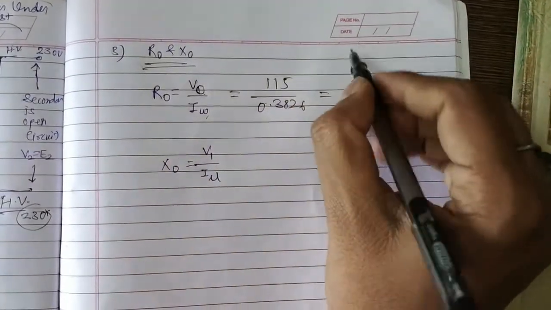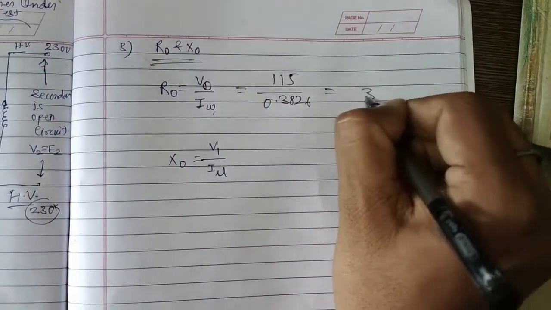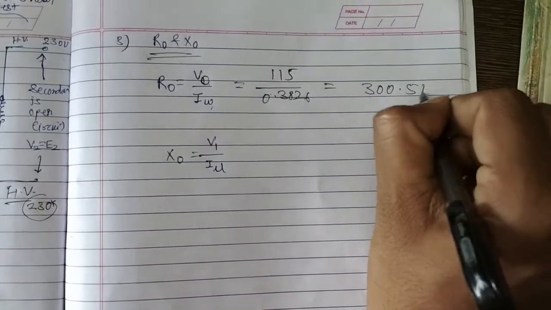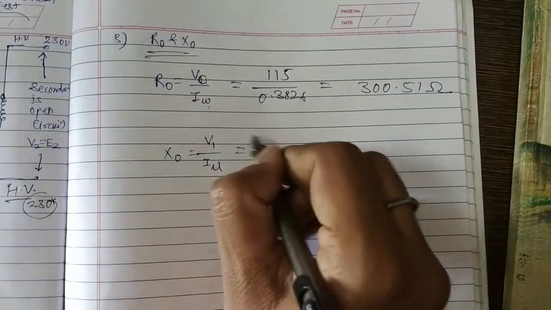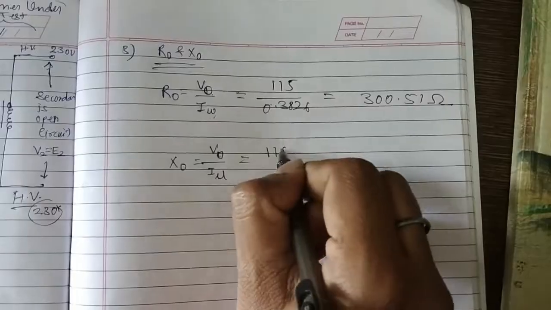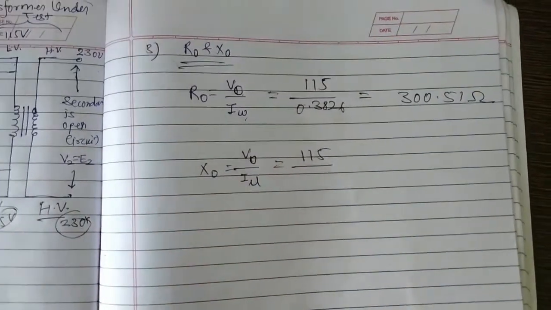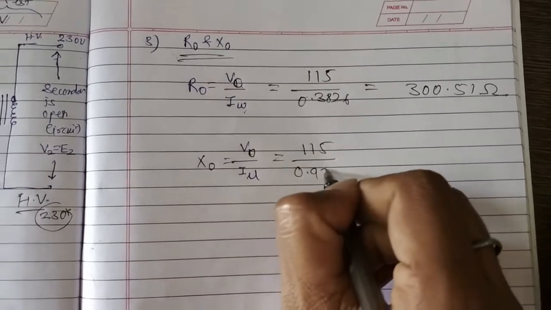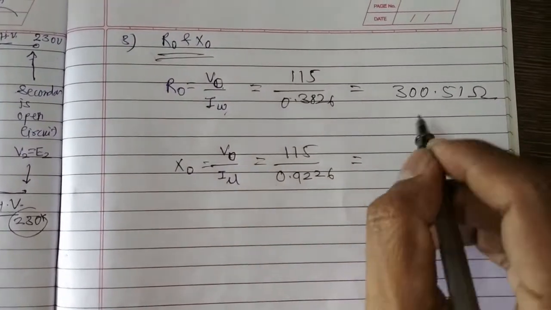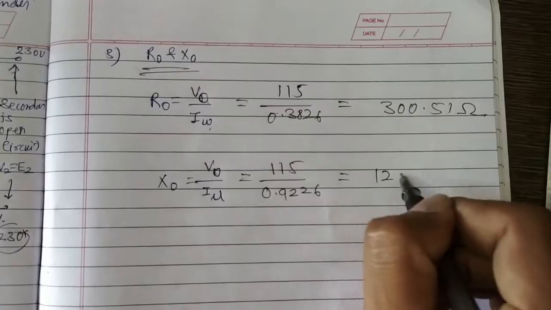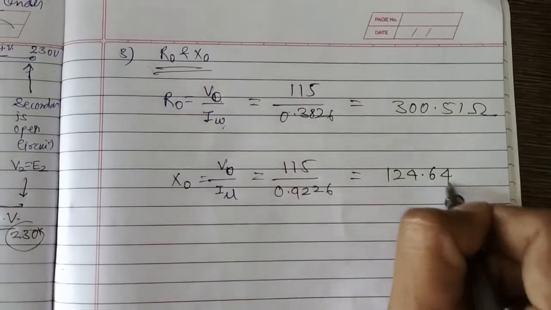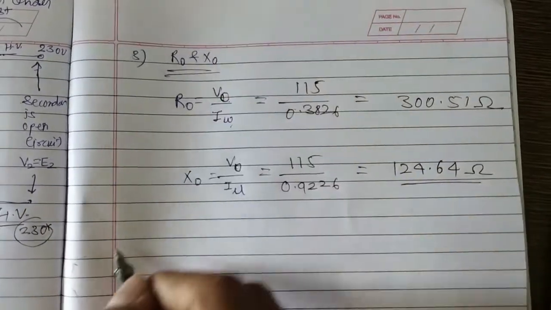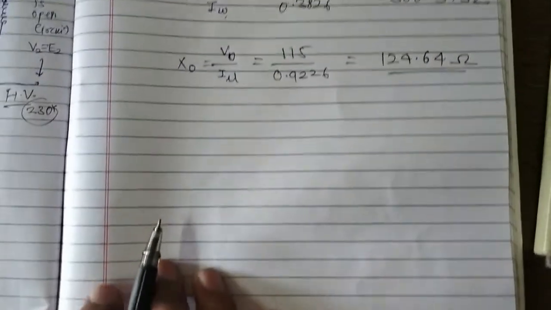So the final answer is 300.57 ohm. Next, again V naught, so 115 upon I mu, where I mu is 0.9226. So this is 124.64 ohm. Okay, so these are the parameters we have to calculate in the open circuit test.